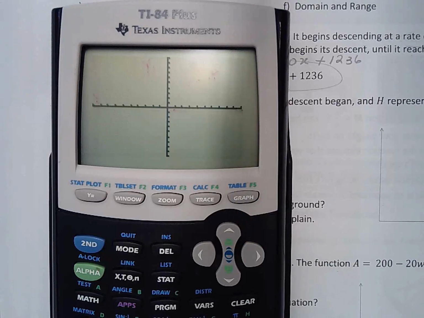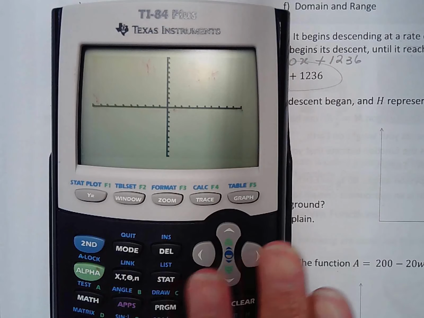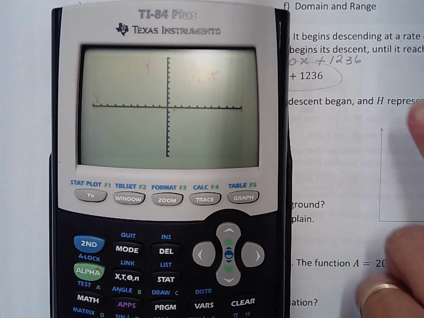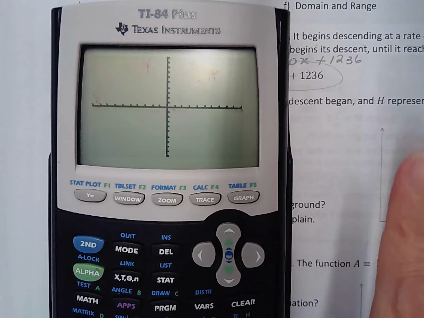I'm doing this along with you so that we can say, if this happens to me, what can I do? Since we reset our calculator, entered our equation, and pressed graph, I'm pretty sure everybody has this graph.